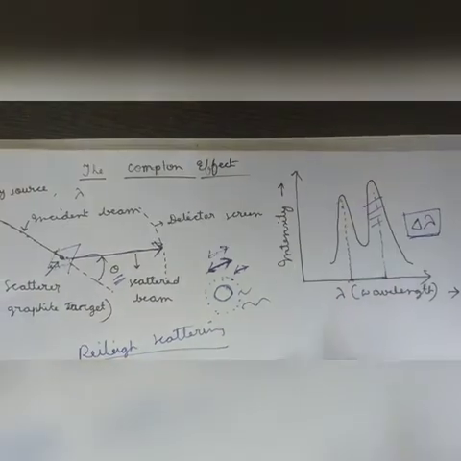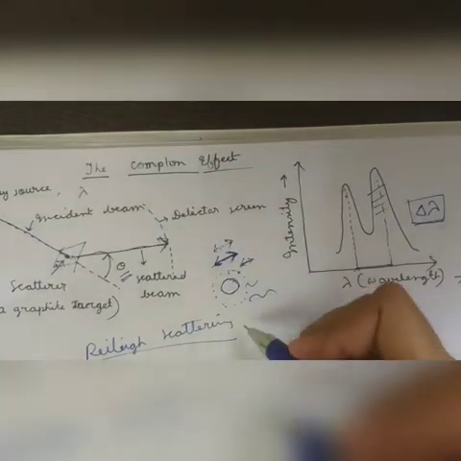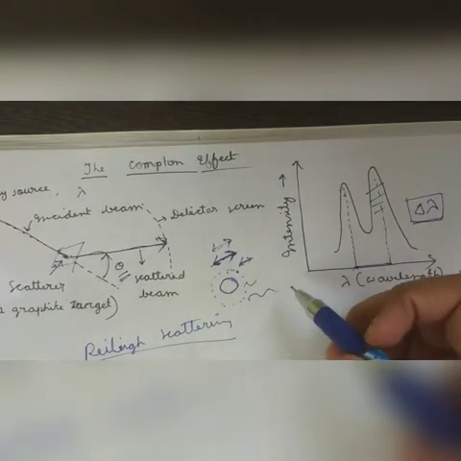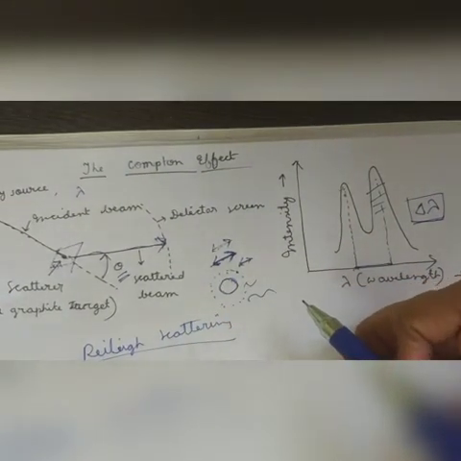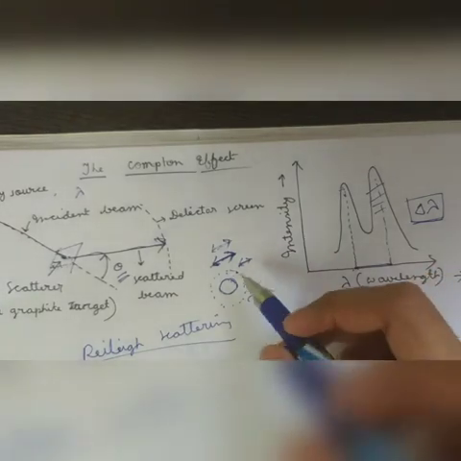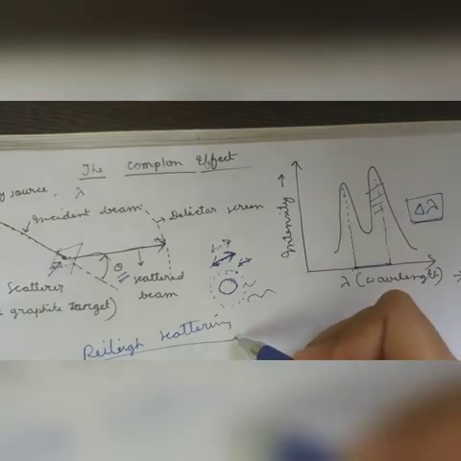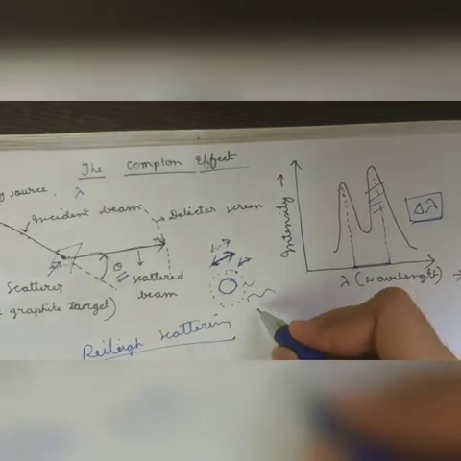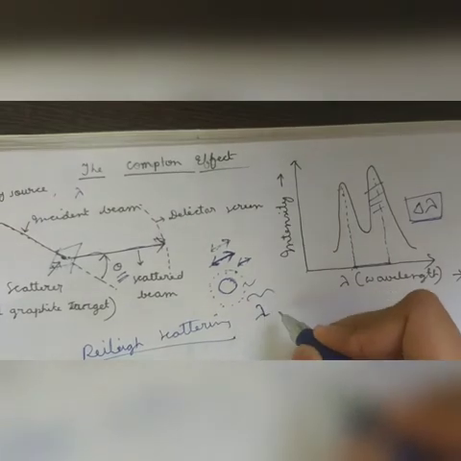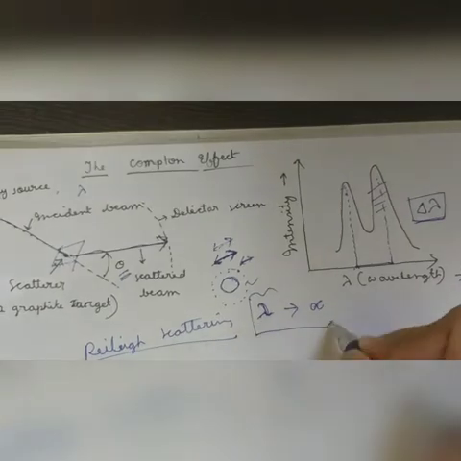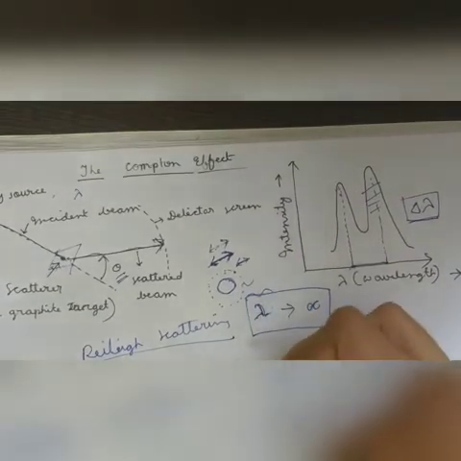But I would like to note here that Rayleigh scattering is valid for macroscopic particles. So for any bigger particles or any bigger matter, Rayleigh scattering is valid. Or to be precise, if lambda tends to infinity, Rayleigh scattering dominates.